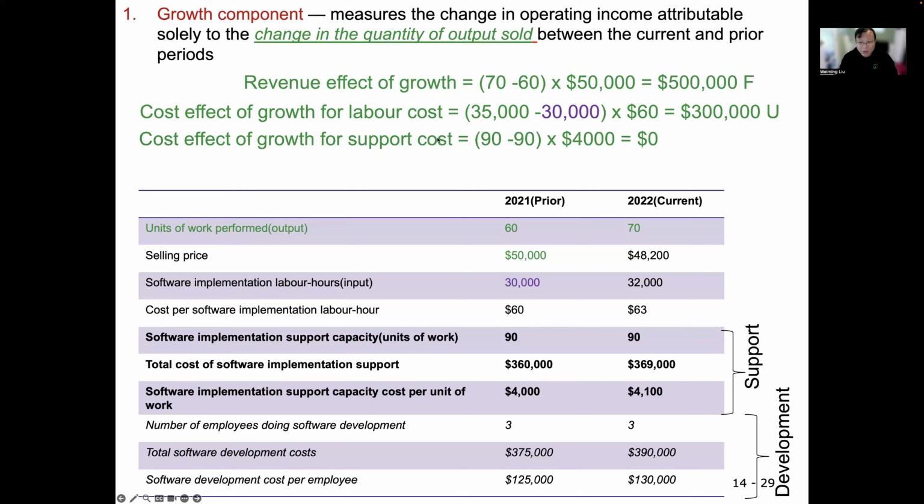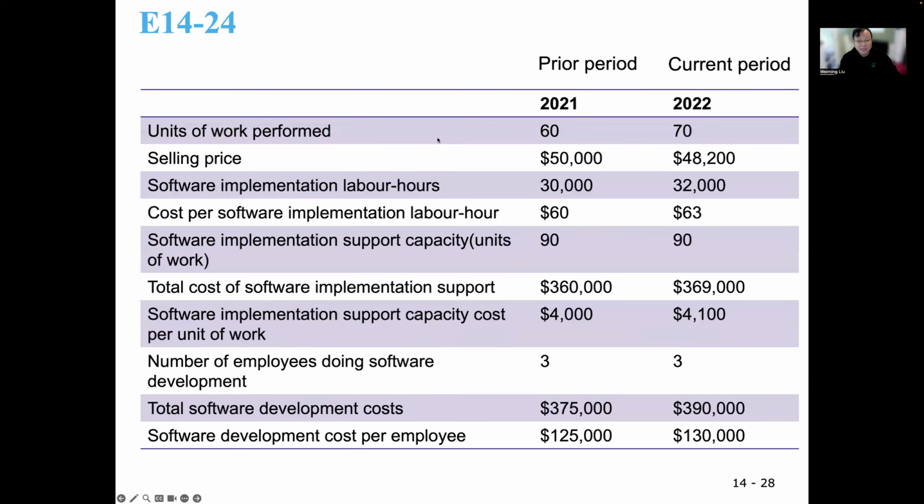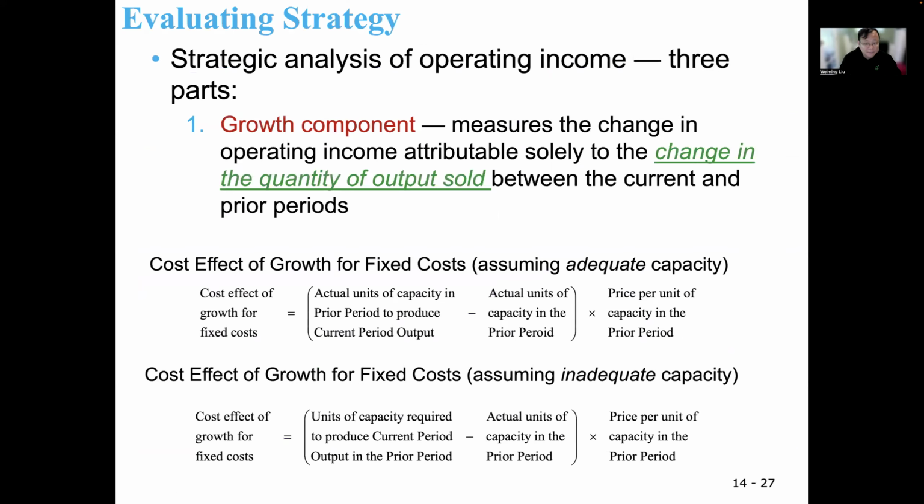So for support cost, let's take a look at the fixed cost. So there is enough capacity in this question, right? The 90 units is adequate, right? Because the current period only sells 70 units. So there's adequate capacity.